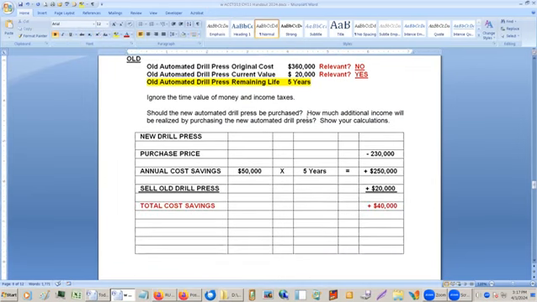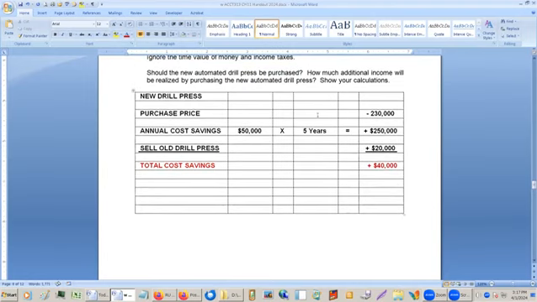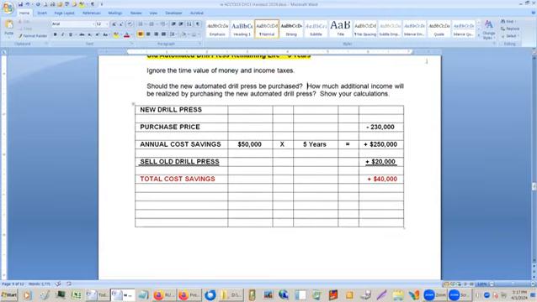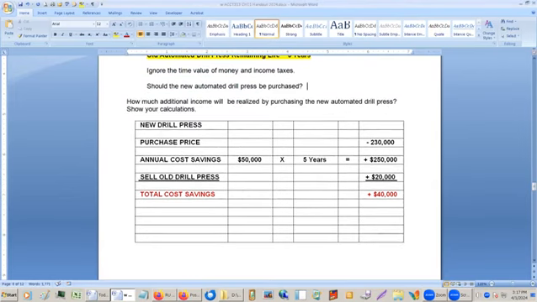And should it be purchased? Yes. Yes, it should be purchased.